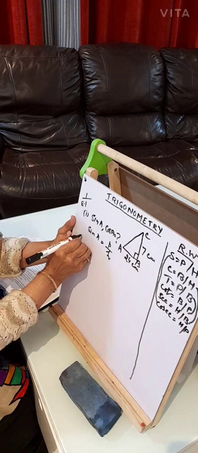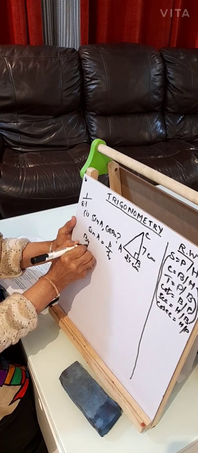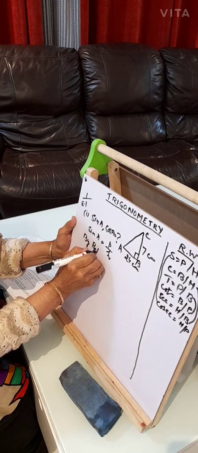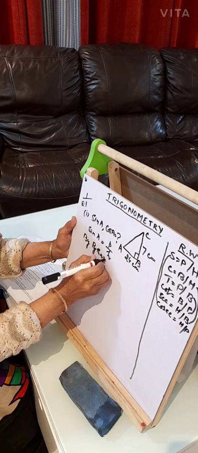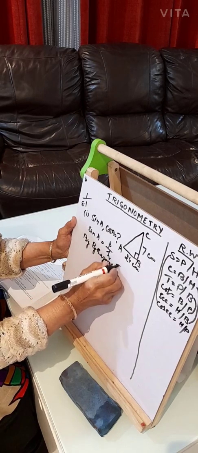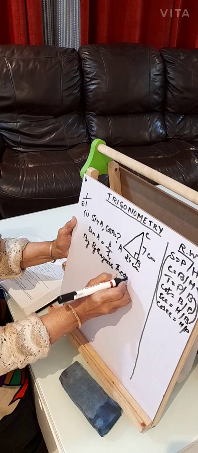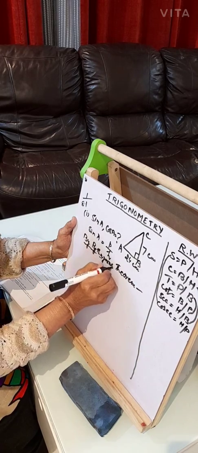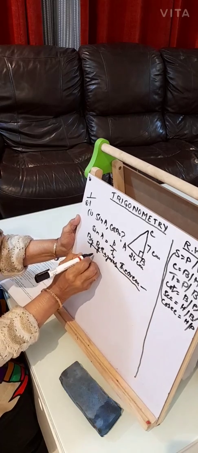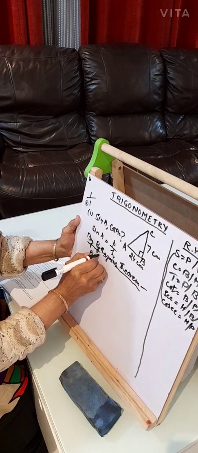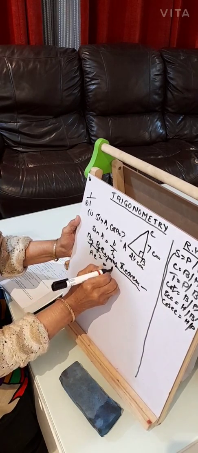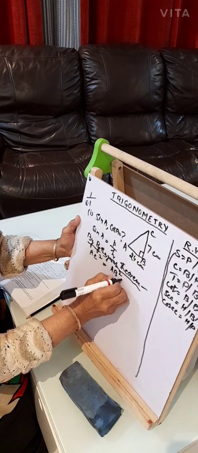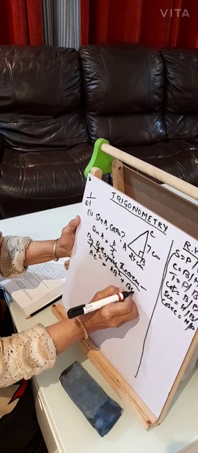By Pythagoras theorem, AC square is equal to AB square plus BC square.